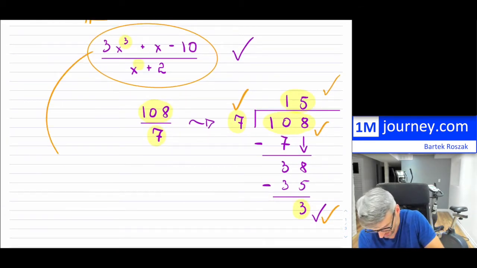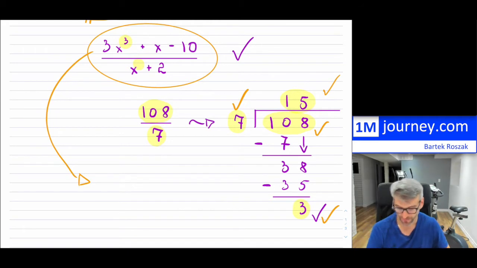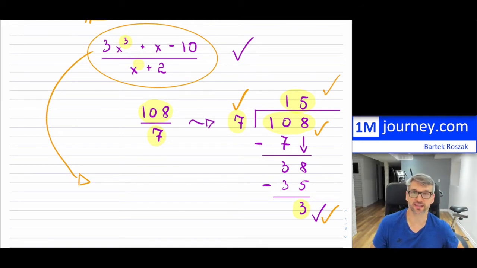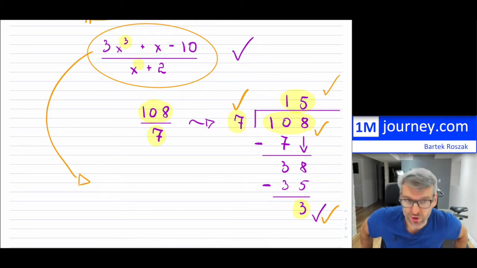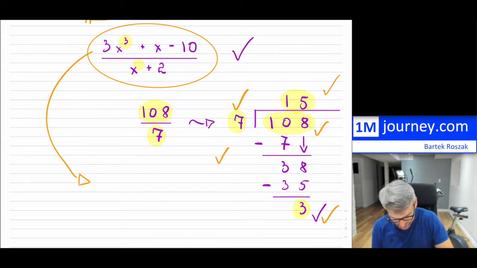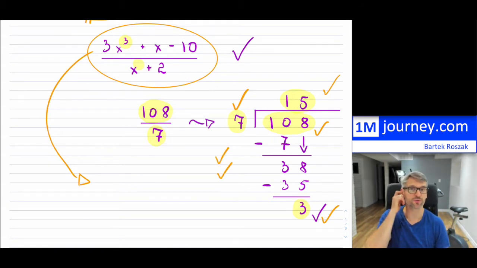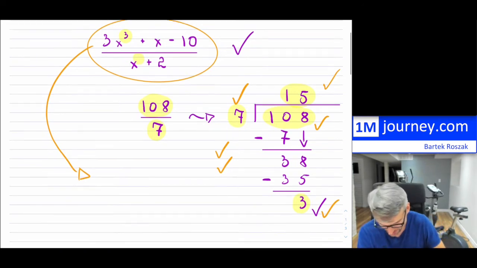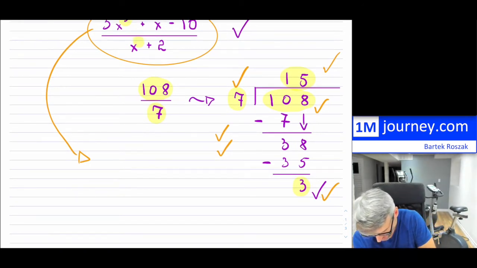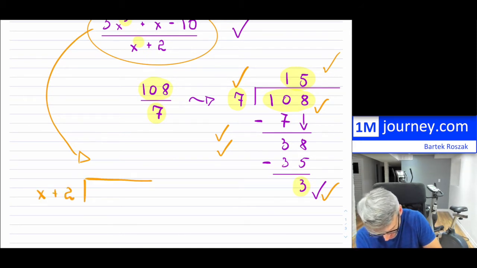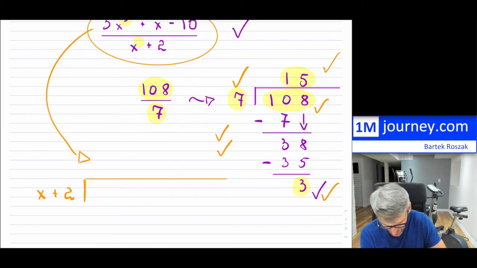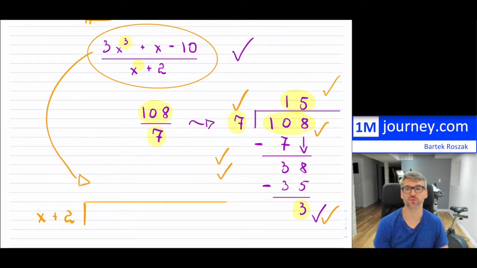So the first thing that I always think about is, okay, let's write all of these things out just as we would in our division if it was just regular integers or regular numbers. So I'm going to write my x plus 2 right here. And then this is going to be asking me, all right, so how many times will this go into the numerator?